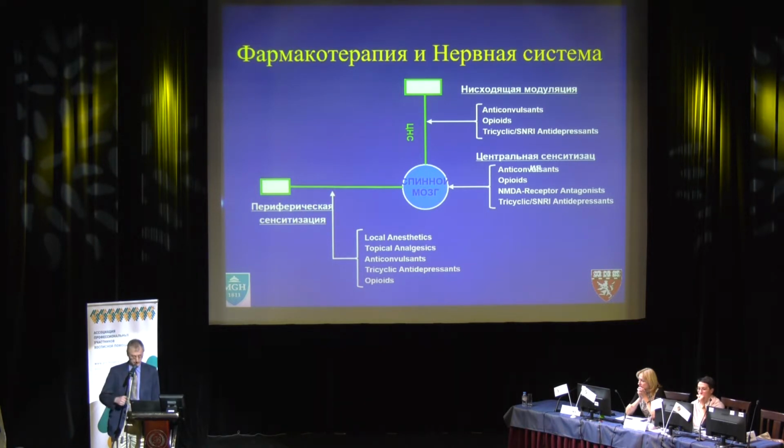Anticonvulsants, and again, amitriptyline is the most common, which may also have its effect centrally and peripherally. And are there available the serotonin and norepinephrine reuptake inhibitors? Duloxetine is the one that we use.